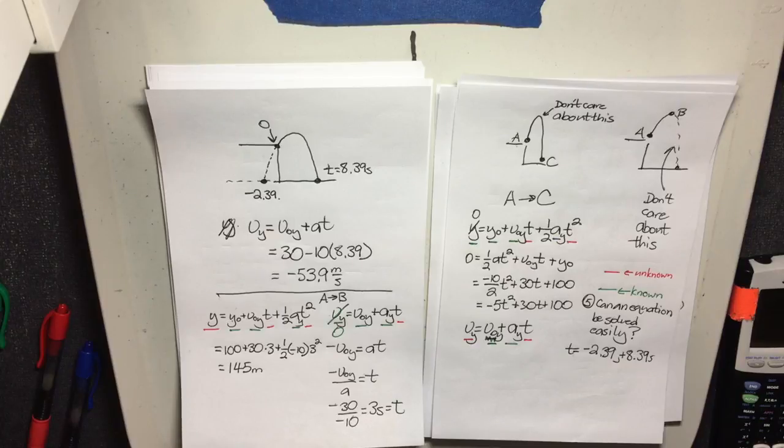So what are the steps that we used? We looked at our equations, wrote them out. It's a 1D motion, so we probably have a position equation, most likely a velocity equation. We identify what we know and don't know, and then one of the equations will break down and be a one equation, one unknown problem.